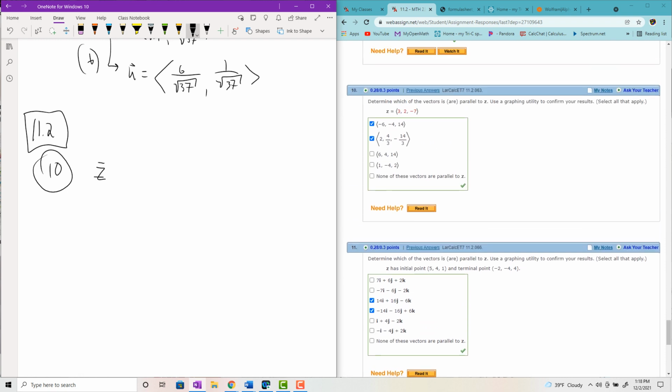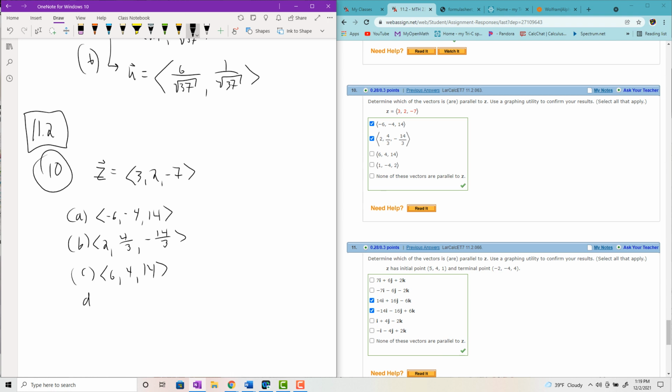So we have z equals 3, 2, negative 7, and we get some choices: A, negative 6, negative 4, 14; B, 2, 4 thirds, negative 14 thirds; C, 6, 4, 14; D, 1, negative 4, 2; and then E, none.